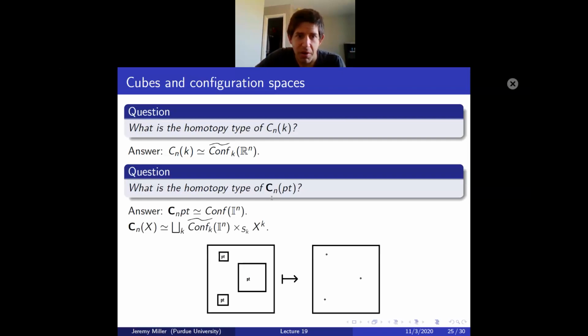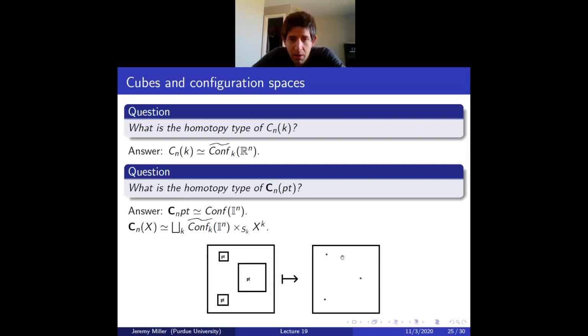Ordered configurations. Okay. So if you have the homotopy type of this, these are cubes labeled by a point. The labels don't matter, because there's no information in the labels. All of the cubes have to be labeled by a point, by which I mean a 1-point topological space.